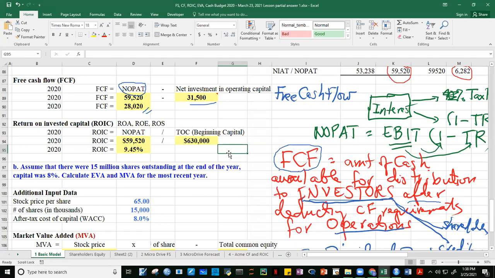It's at the bottom, guys, row D103. 8%. The cost of capital is 8%. So on average, the cost of acquiring funds by the company is 8%. The return of generating operating profit by the firm is 9.45%.